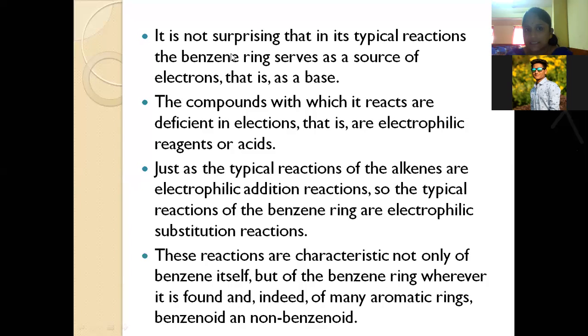So benzene every time serves as a source of electrons. That means it has electrons. The compounds with which it reacts are electron deficient in nature. That means the carbons inside the benzene are having the electrons.